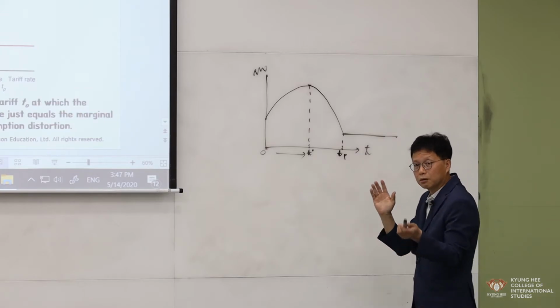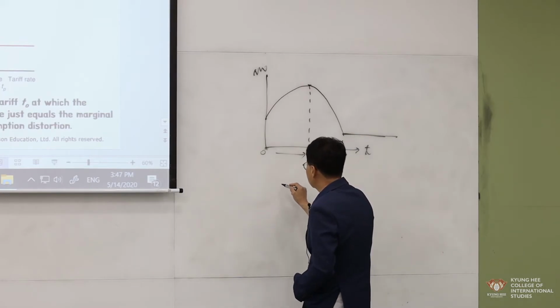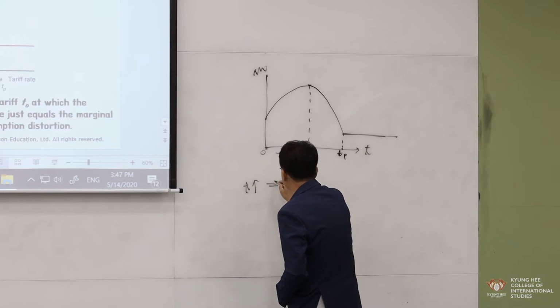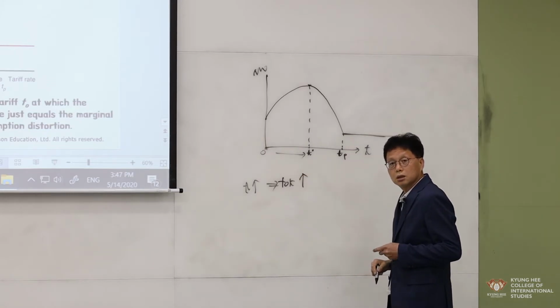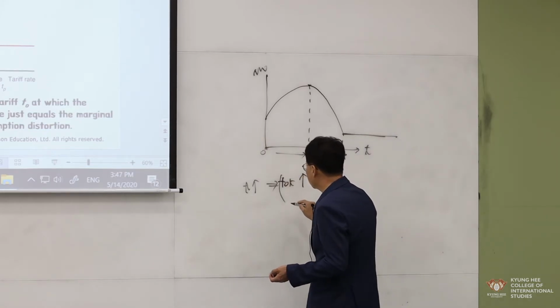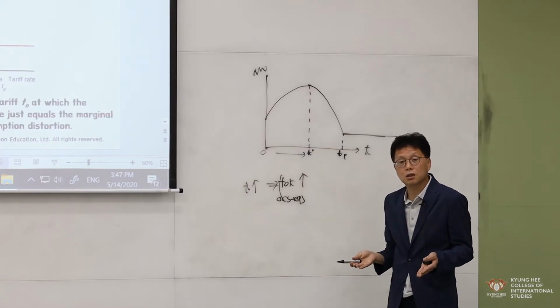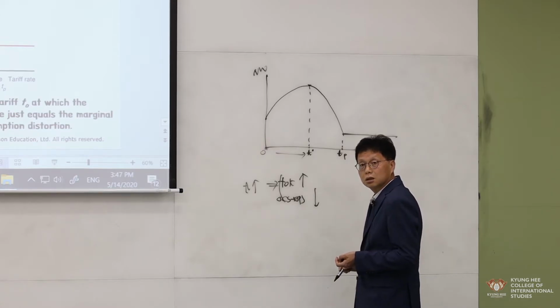Anyway, now think about large economies. So introduce a tariff, then what happens? The terms of trade gain increases. At the same time, the changing consumer surplus plus changing producer surplus, that is deadweight loss, decreases and decreases.